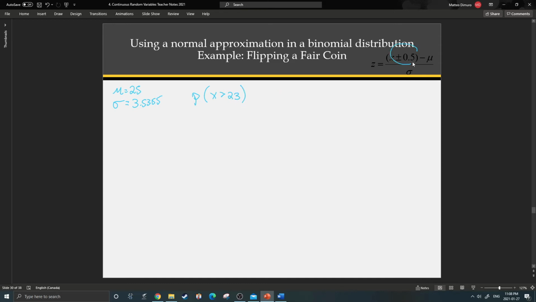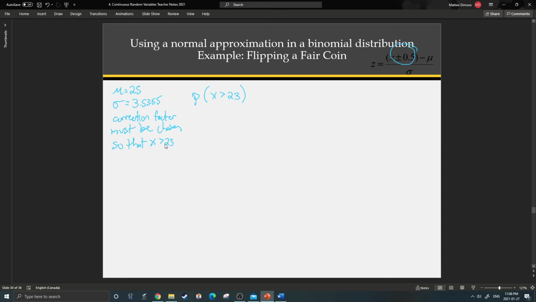Now, how do you deal with this correction factor? Well, let me write over here. The correction factor must be chosen so that, in this case, x is greater than 23.